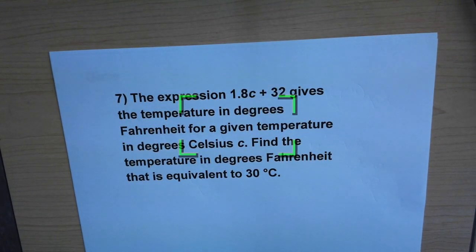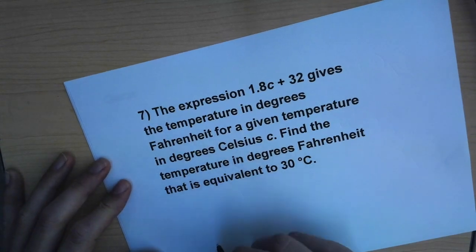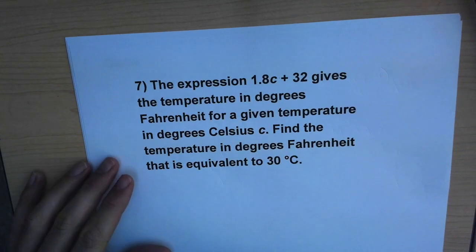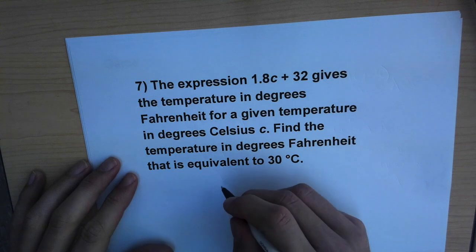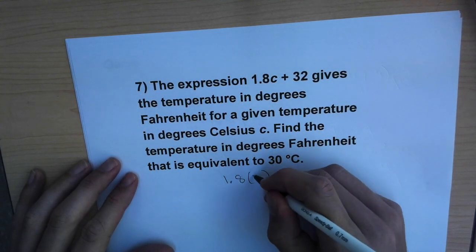The expression 1.8 C plus 32 gives the temperature in degrees Fahrenheit for a given temperature in degrees Celsius C. Find the temperature in degrees Fahrenheit that is equivalent to 30 degrees. So I'll start off, pause the video and try this on your own. Every place I see C, I'm going to replace it with 30.